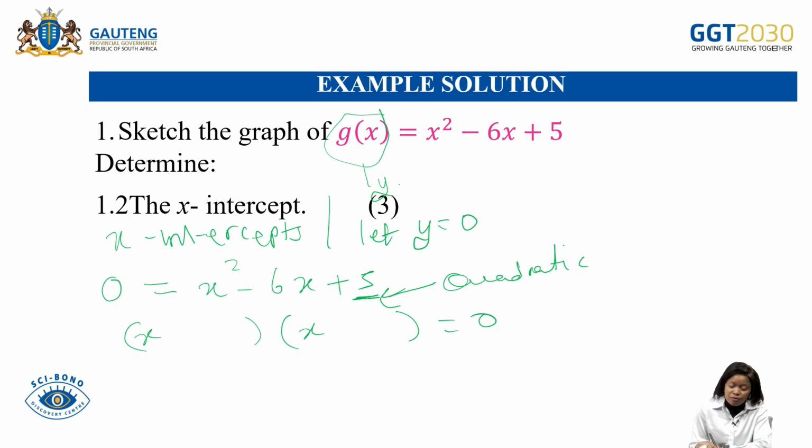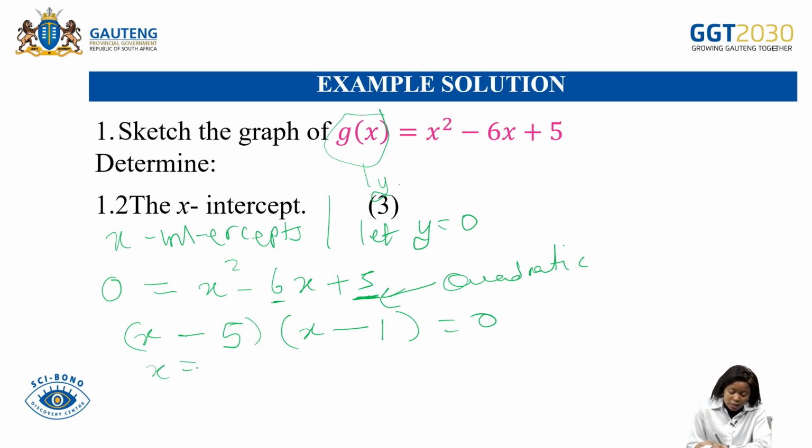The factors of 5 that give you a 6 are 5 and 1, right? And since the 5 is positive there, it's going to be minus 5 and minus 1. So that when you say negative 5 times negative 1, you do get positive 5, right? And if you say minus 5 plus minus 1, you do get minus 6. And it's still equal to 0.